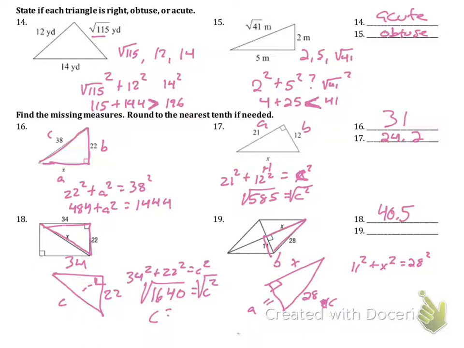So 11 times 11 is 110, no, 121, sorry. 121 plus x squared is going to be equal to 28 squared. It would be 784. I'm going to subtract 121 from each side. So x squared is going to be equal to 663. Take the square root of both sides, and I would get the square root of 663 is equal to 25.74, so 25.7. That's your final answer right there.